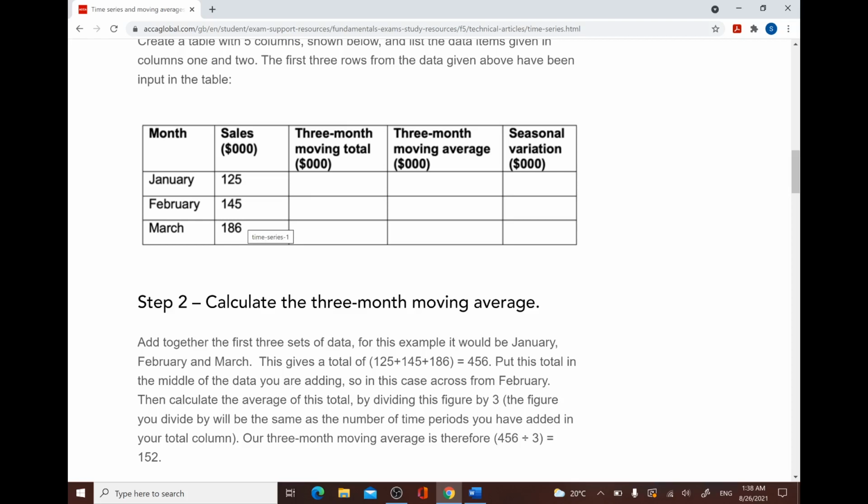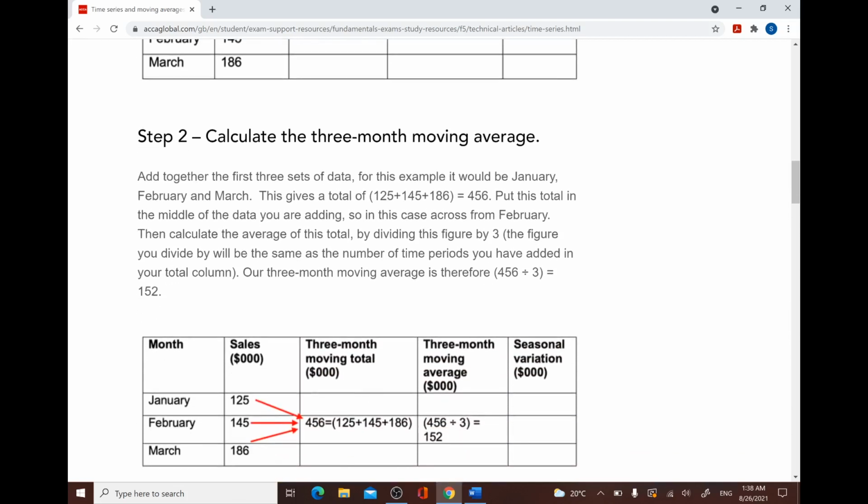All we need is the total, and place it in the midpoint, because this is 1, 2, 3. So the midpoint is right here. And if April is here, you'll be taking February, March, and April, and the midpoint is going to be here. Let me just show you right now.